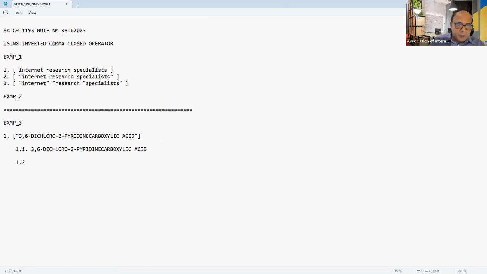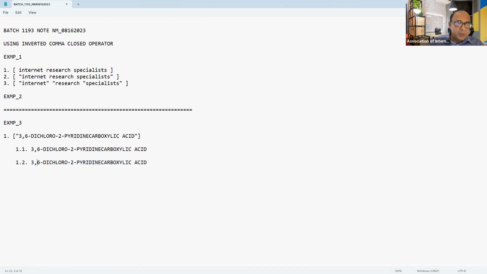Then we look at example 2, and supposing I by mistake leave a gap here, it automatically makes it into three search terms or three keywords, just because of this gap.